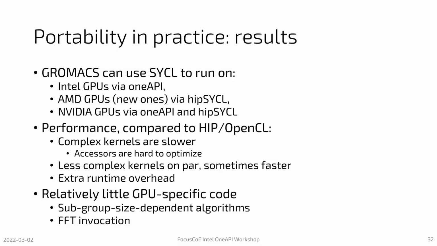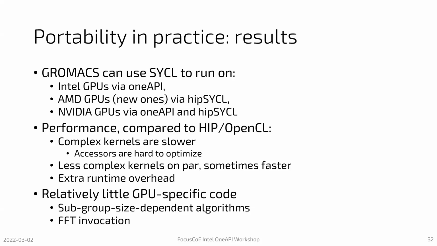And for simple kernels, like our integrated kernels, the performance is usually similar to native hip or OpenCL code, sometimes even faster, although we are still encountering some runtime-specific overhead. The runtime tries to be smart, tries to schedule work in a nice way, and it doesn't always work all that well.